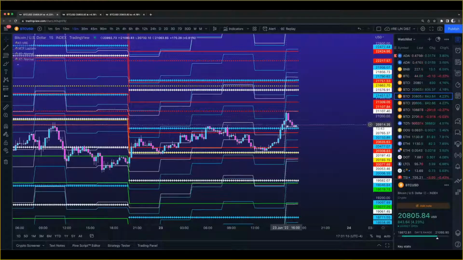I like to see the bounces. This is a good place to bounce from too, like standard deviation. But it's also a good place to drop from. So keep your eye out on the maths. It's all in the numbers.